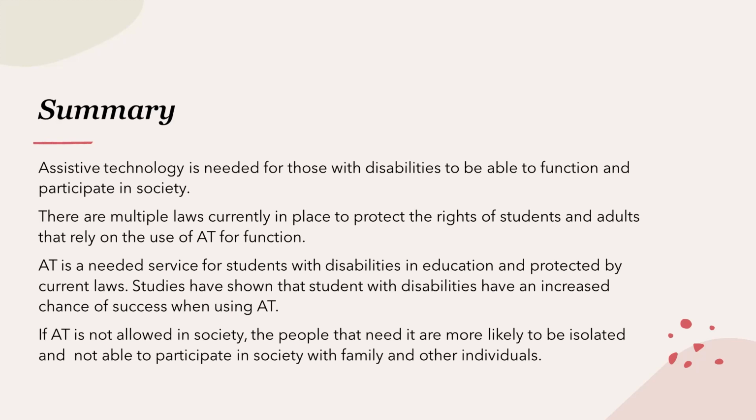There are multiple laws currently in place to protect the rights of students and adults that rely on the use of assistive technology for function. Assistive technology is a needed service for students with disabilities in education and is protected by current laws. Studies have shown that students with disabilities have an increased chance of success when using assistive technology.